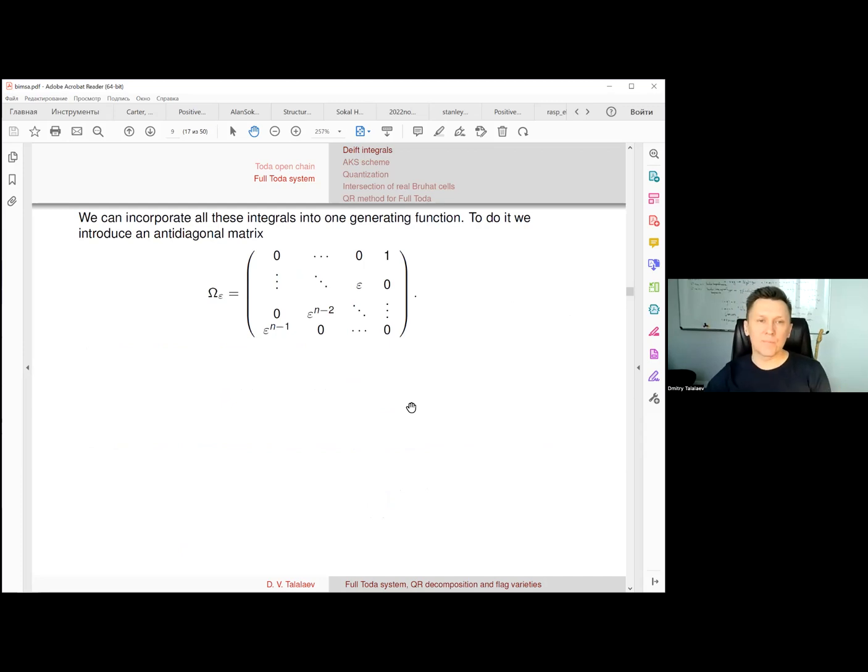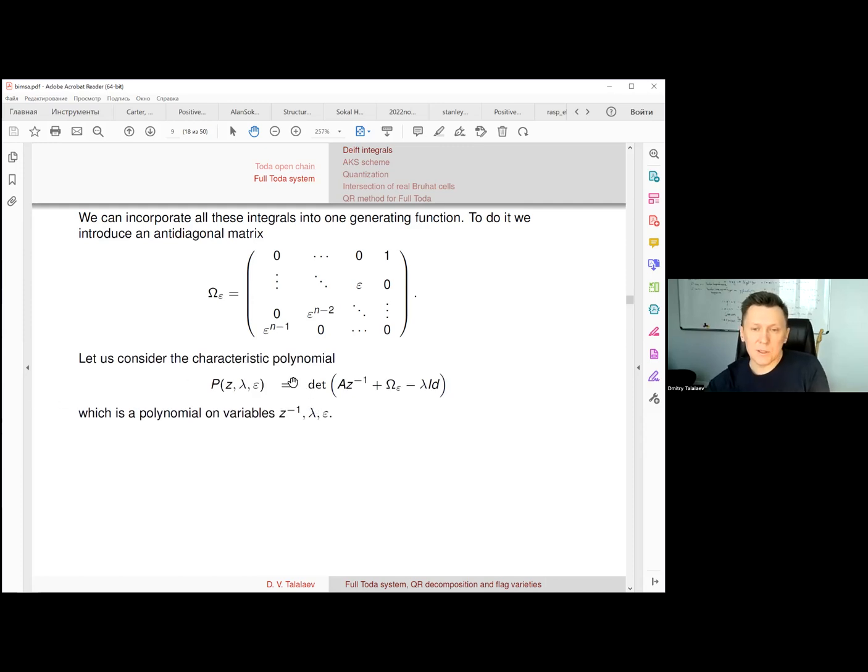Okay, there is a way to incorporate all these integrals into a single generating function. To do it, we introduce an anti-diagonal matrix omega epsilon of this form. So on the anti-diagonal, we have powers of parameter epsilon in this way.